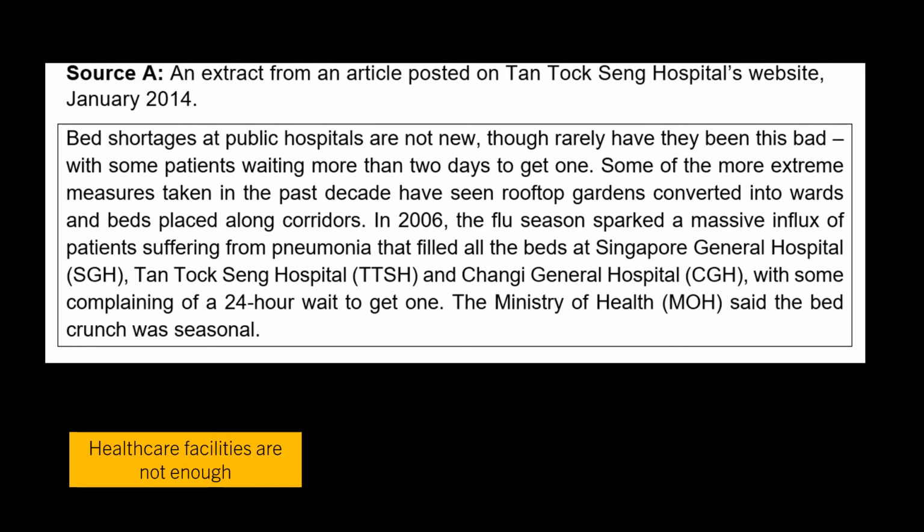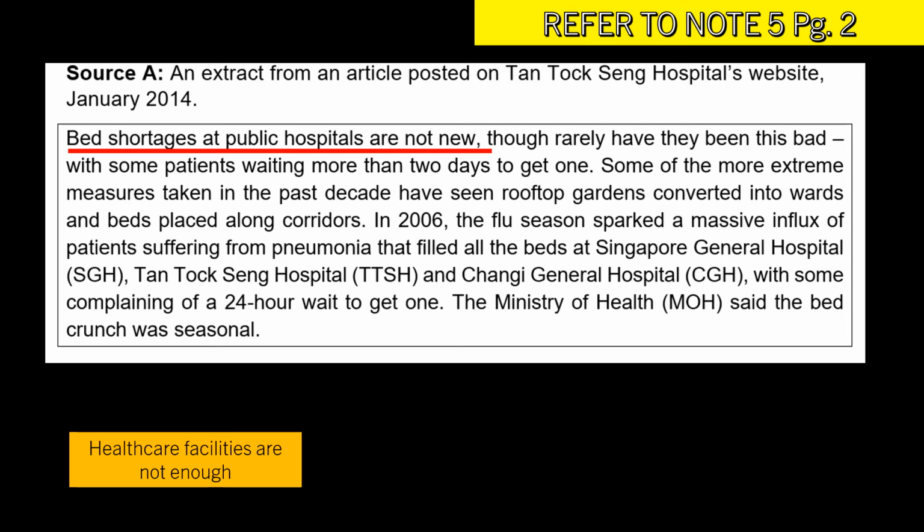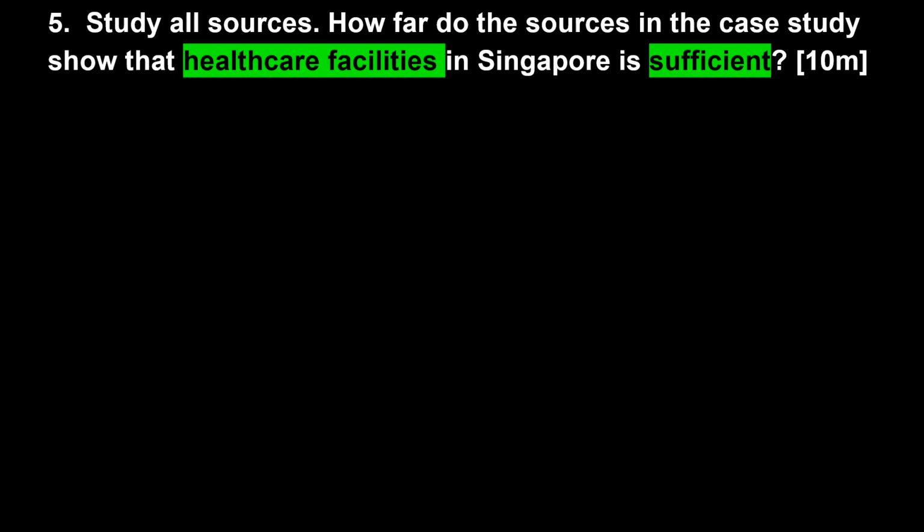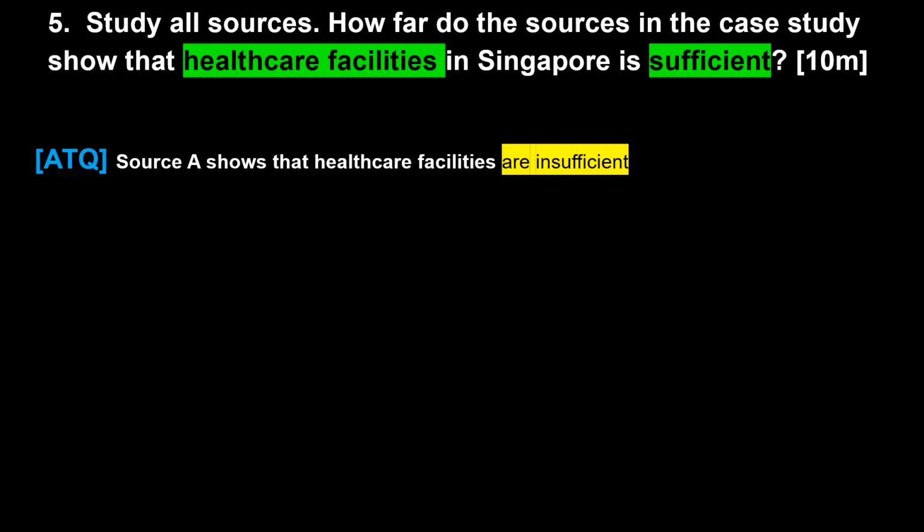All right. So based on this source A, which you have already underlined, okay, so how do you answer the question? Okay, so go back to the question. How far do the sources, so we're just looking at source A now, how far does source A show that healthcare facilities in Singapore is sufficient? So answer the question first.